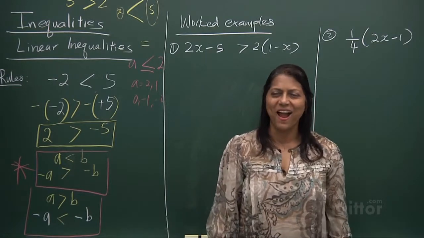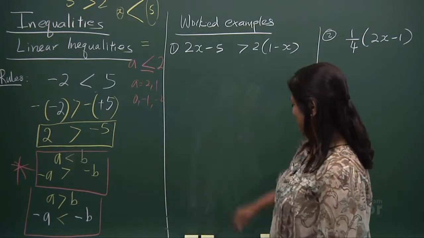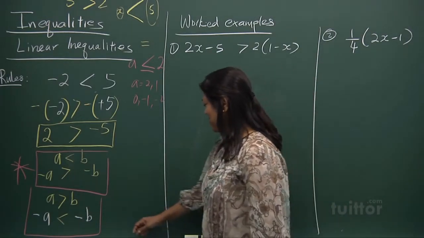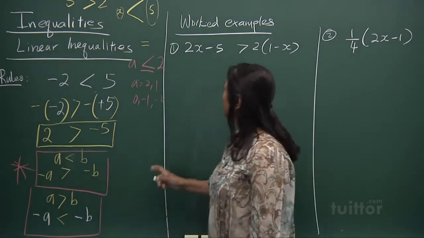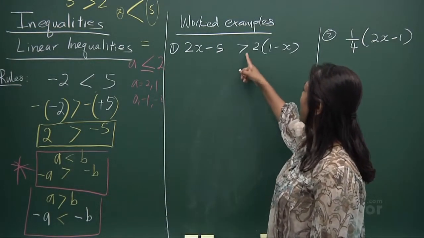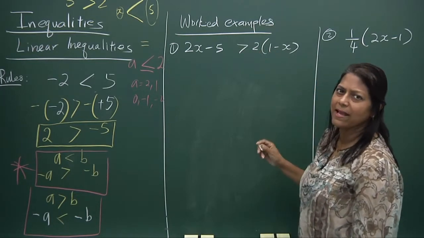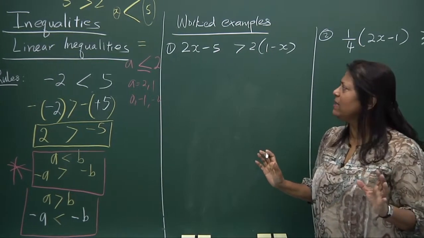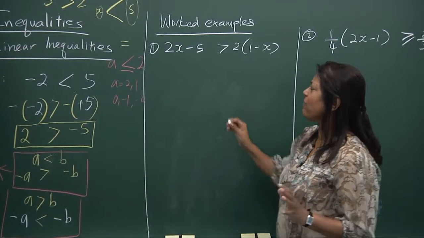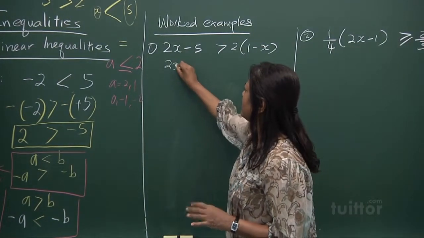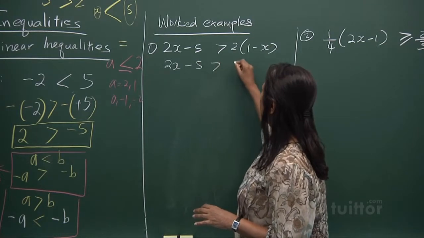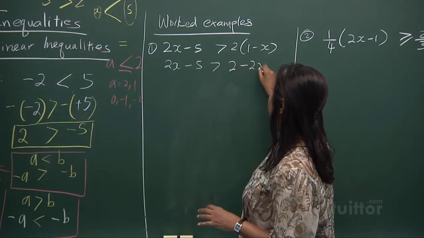Inequality. Right, great. Look at this. The first example that I'm going to go through with you: 2x minus 5 is greater than 2(1 minus x). A very simple linear inequality. Just open up very comfortably: 2x minus 5 is greater than 2 minus 2x.